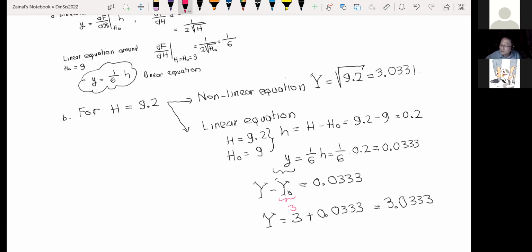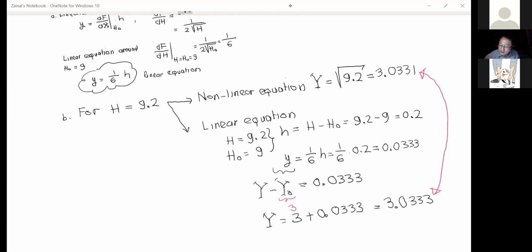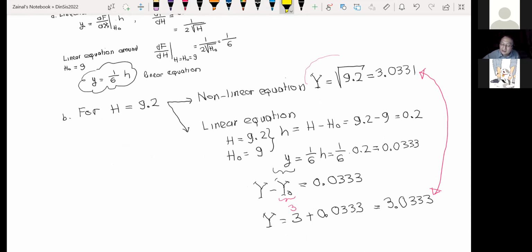Please compare this one and this one. The above one is often using the non-linear equation, while this one is often from the linear equation.